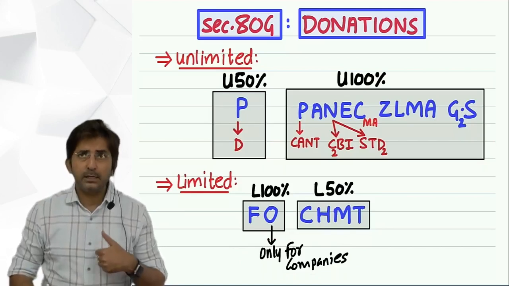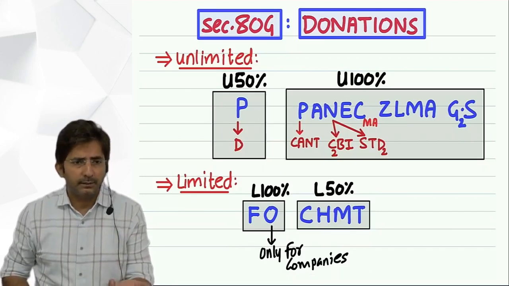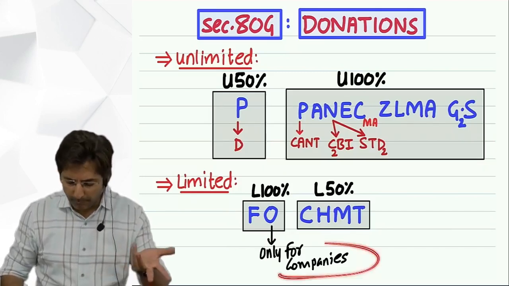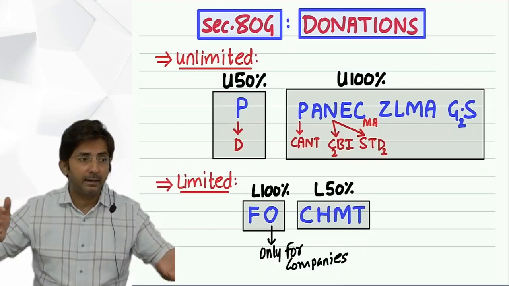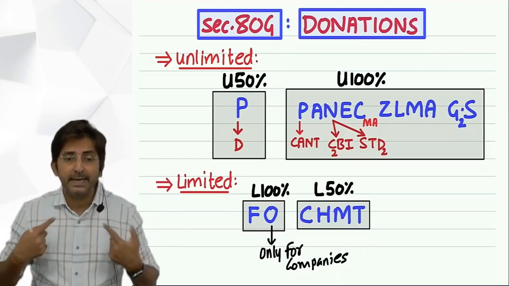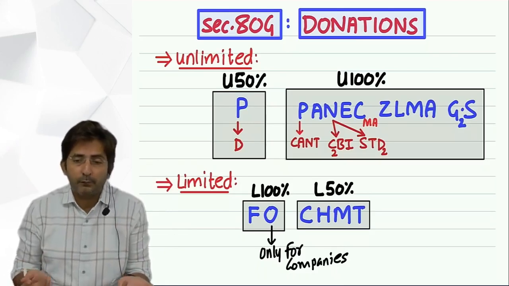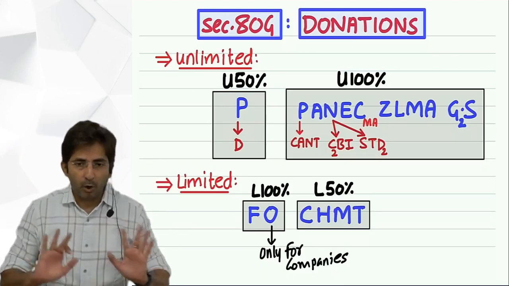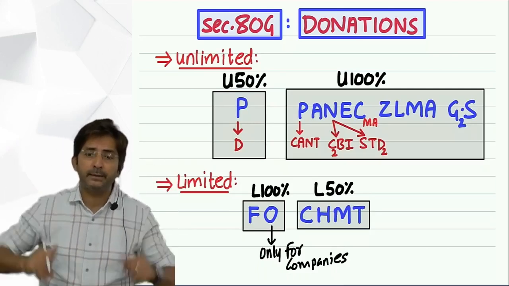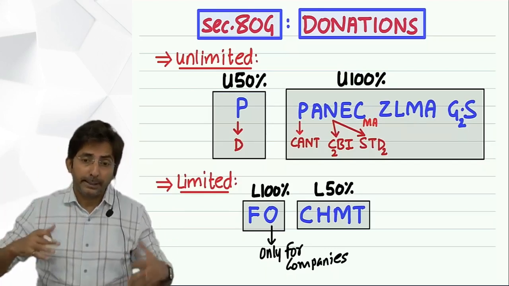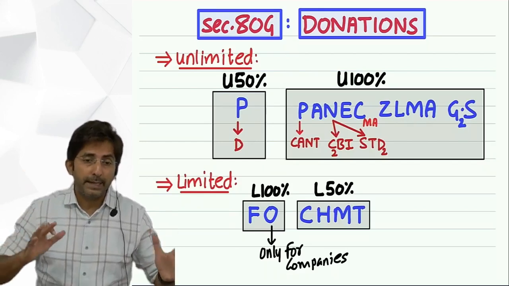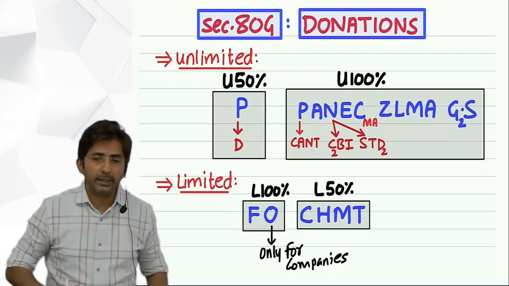Companies mean joint stock company like Reliance etc. In our syllabus of CA inter, we are solving the question of an individual. We will not be asked to solve a question of a company. But just for the sake of knowledge, remember there is one donation called Indian Olympic Association, but there only companies will get a deduction. Okay.